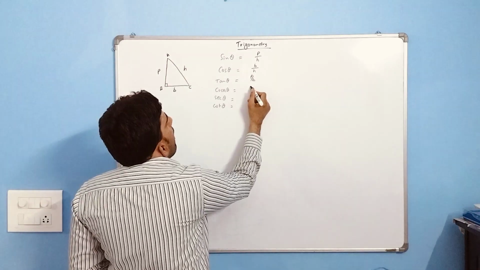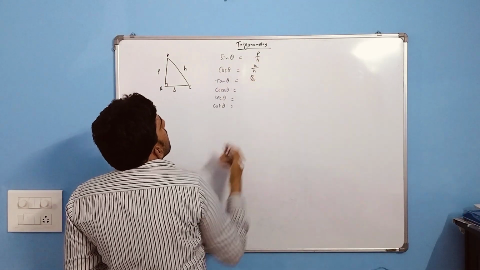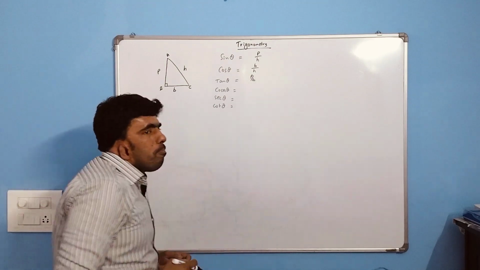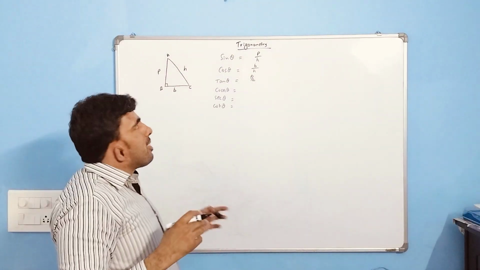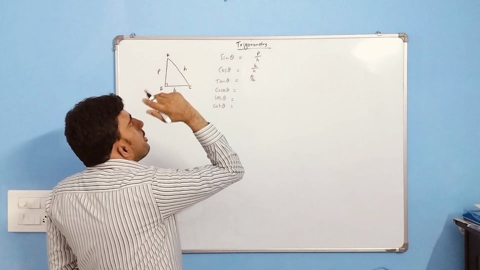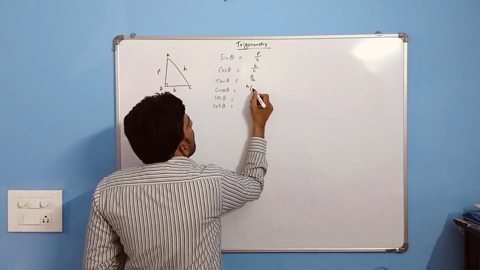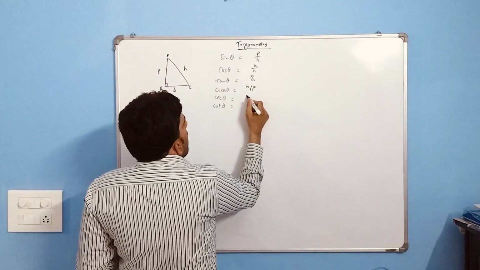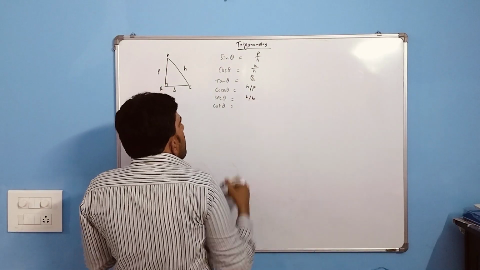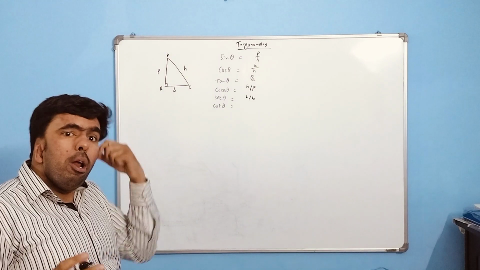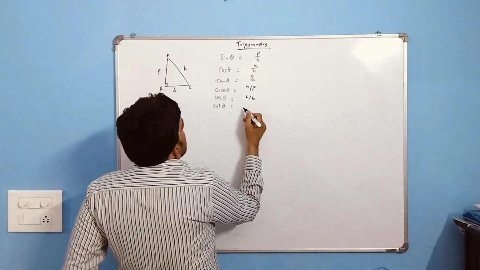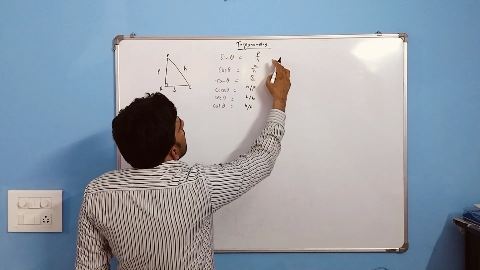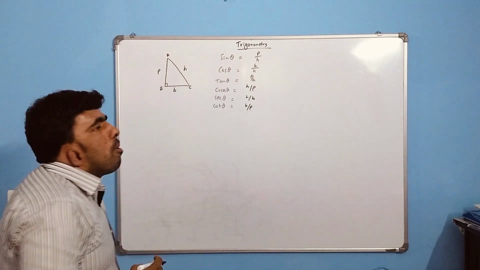Then cosec is the inverse of sine, or briefly a reciprocal of sine, that is H upon P. Sec is a reciprocal of cos, that is H upon B, and cot is a reciprocal of tan, that is B upon P. So it's very easy to learn by heart.